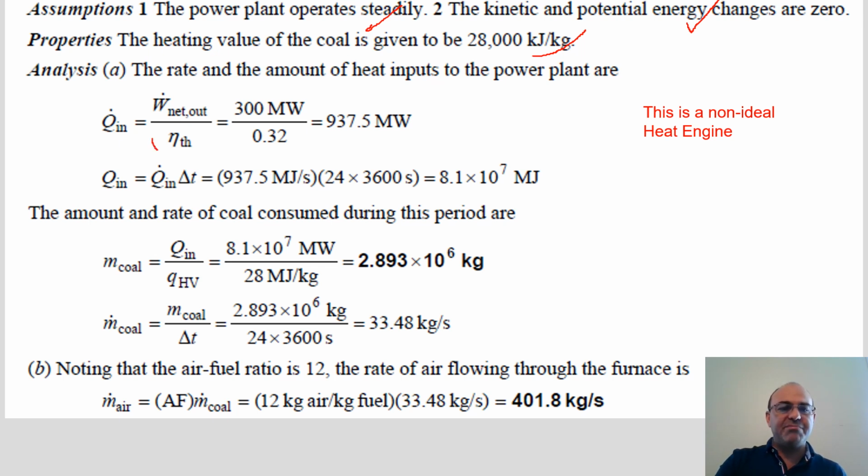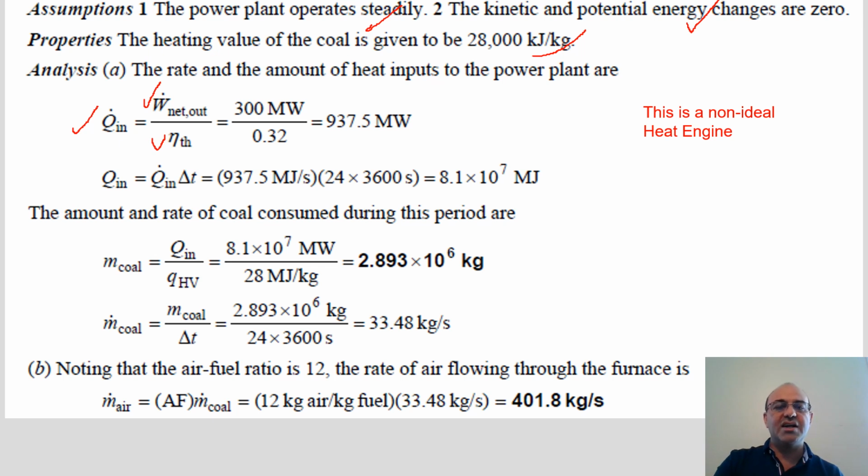All right, so the efficiency of the power plant is given, and also the net work out is given. So we can go ahead and use the definition of efficiency, which is W net out divided by Q in. So we can write it in this form as well. This heat engine works on a steady flow process, so we can use the same equation in the rate form.